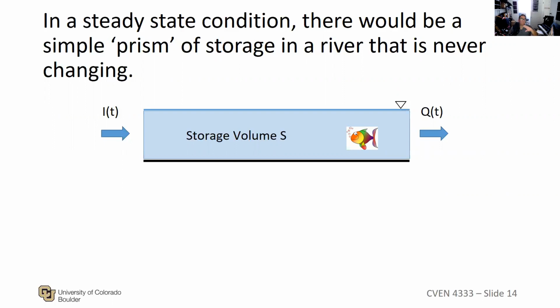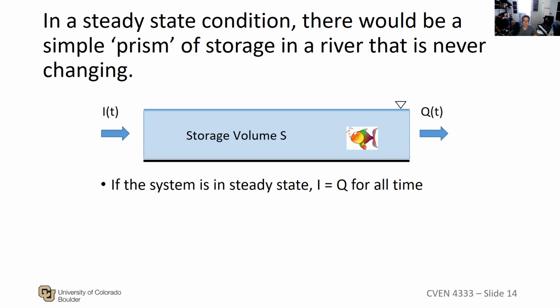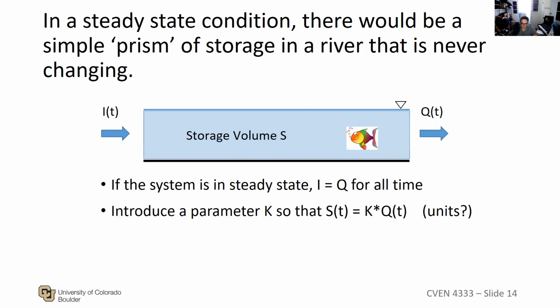And thus, the storage volume is just going to be constant. So if you were in a river and it was the world's most boring river and the flow is never changing, you could just model it using this simple prism that has a constant storage. So steady state means that I is going to be equal to Q for all time.